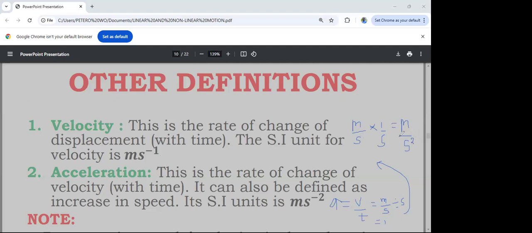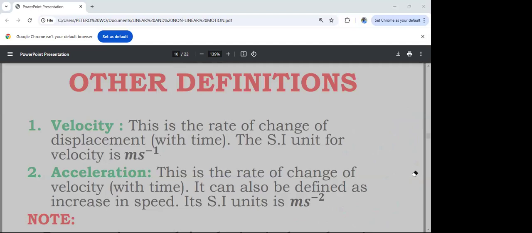Because it is a division, we read the whole of this as meters per second squared, or per square seconds. Those are our units for acceleration: meters per second squared.